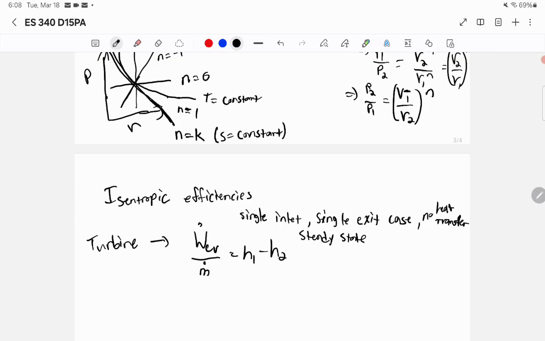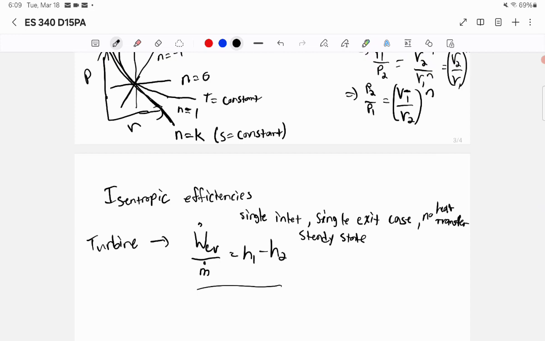We know that the work works out to be this, because we can commonly also ignore the kinetic energy terms and the potential energy terms. So it just reduces to this, right? That's the amount of work that I have done.